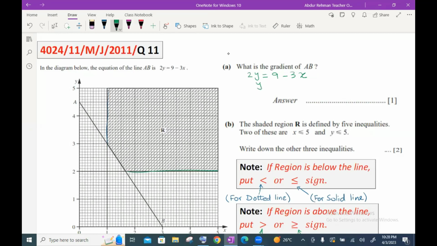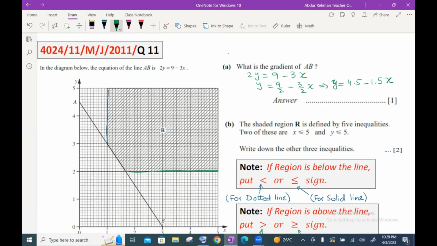Now make y the subject. 9 over 2 is 4.5, minus 3 over 2 x. So y is equal to 4.5 minus 1.5x.